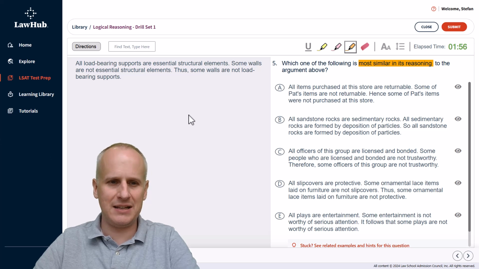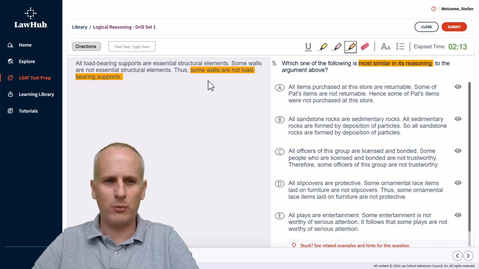And if it's not an essential structural element, then it cannot be a load-bearing support, if we were to mentally work through the contrapositive. And our conclusion matches that. It says that some walls are not load-bearing supports, which makes sense because if some walls are not essential structural elements, then we are following the correct contrapositive logic, thereby saying that these walls cannot be load-bearing supports.